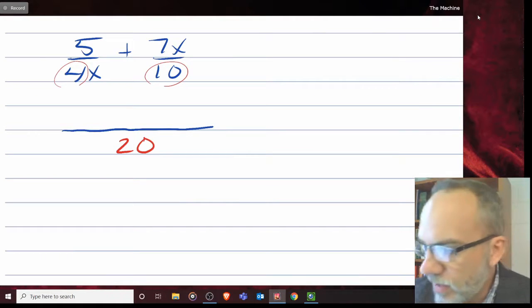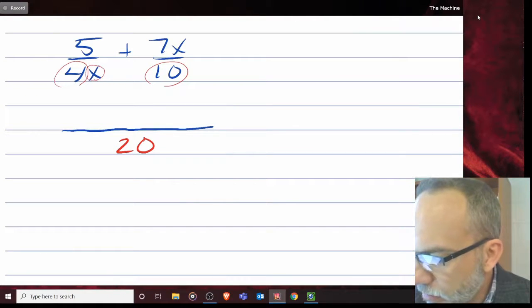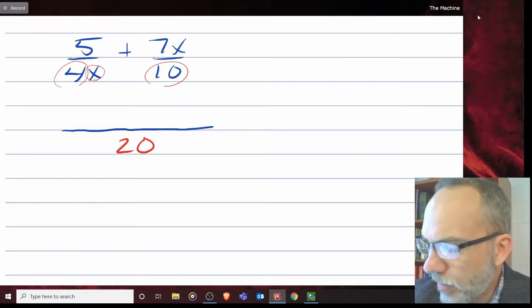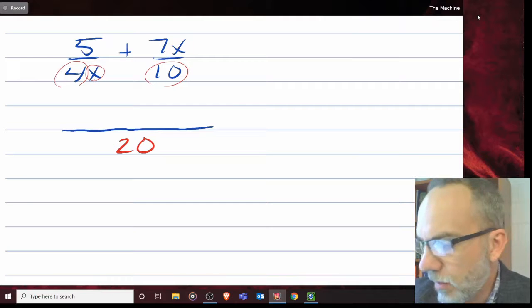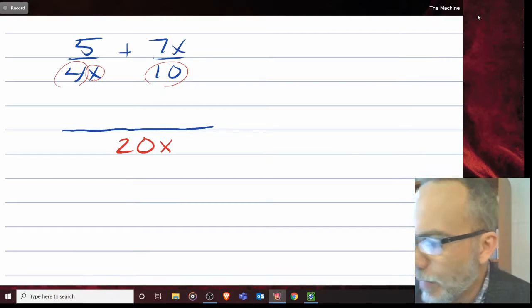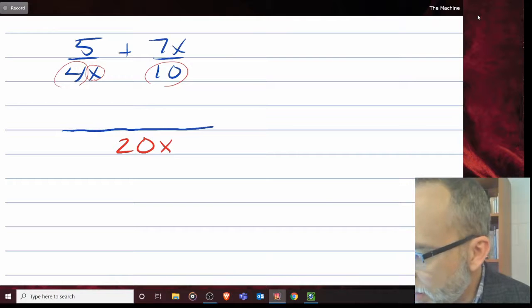But I need to include this extra little thing right here, right? If x had been 3, I would just have had to multiply 20 by 3, right? So let's just go ahead and leave it in as an x. Okay? Now I've got to adjust my existing denominators.